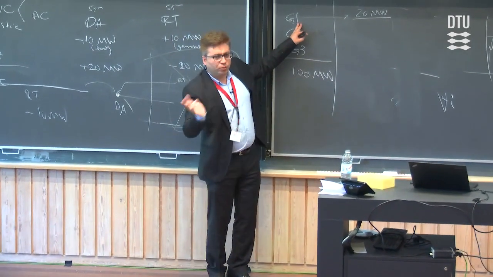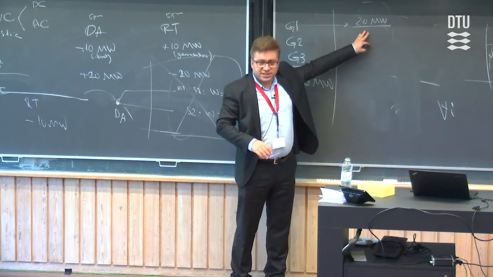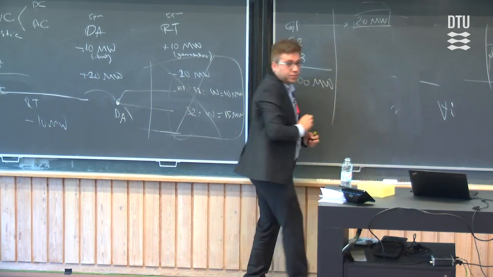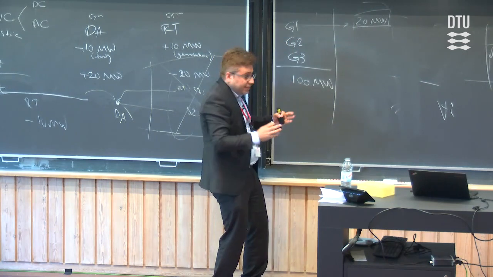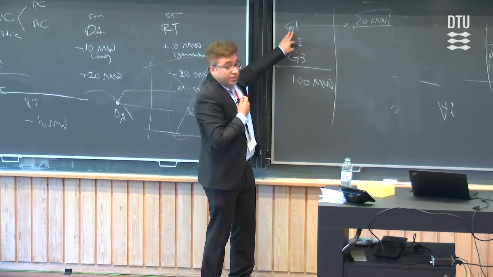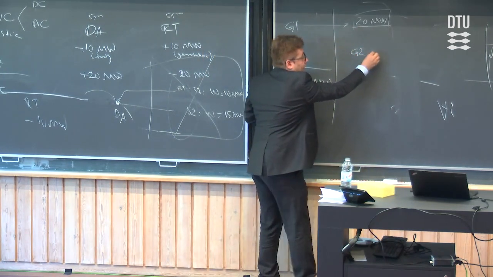G1 tries to maximize its own profit. It has some forecast on price, whatever. So it decides to fix its production at 20 megawatt. This is done outside the market. Then, as a market operator, I will clear the market not including G1 anymore, just based on G2 and G3.